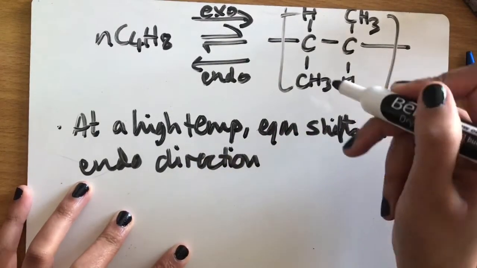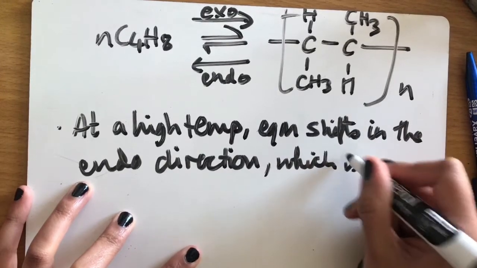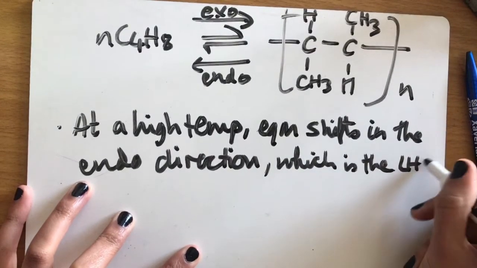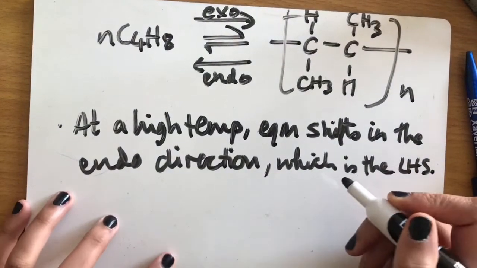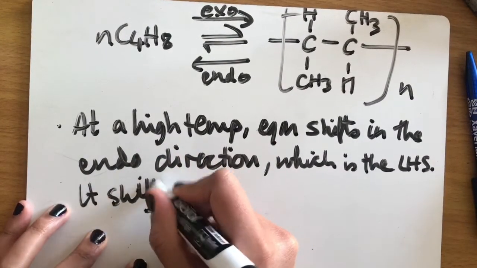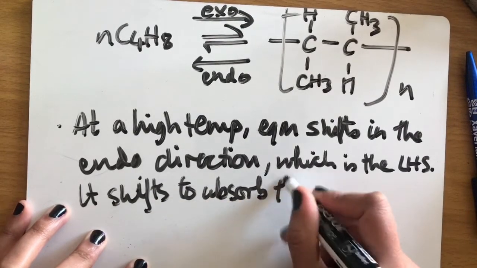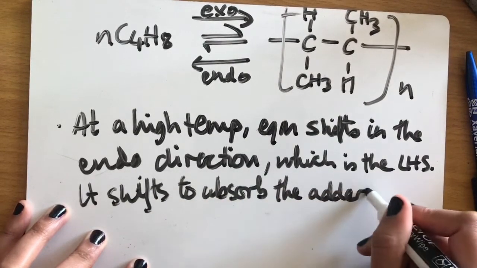You then make it specific to this example, which is the left-hand side. Why does it do this? It shifts to absorb the added heat.